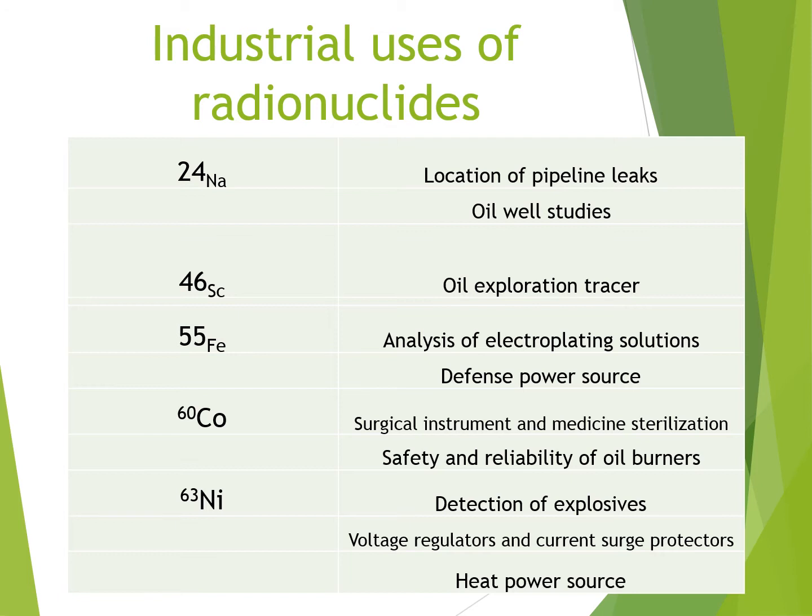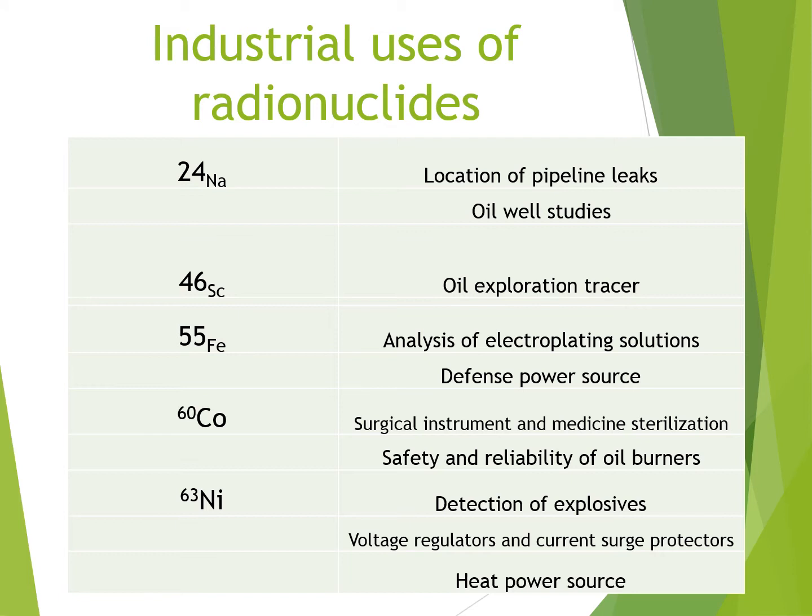Likewise, it is a tracer which can detect the presence of oil in different areas. Then we have the radionuclide iron-55. It is used in the analysis of electroplating solutions and as a defense power source.